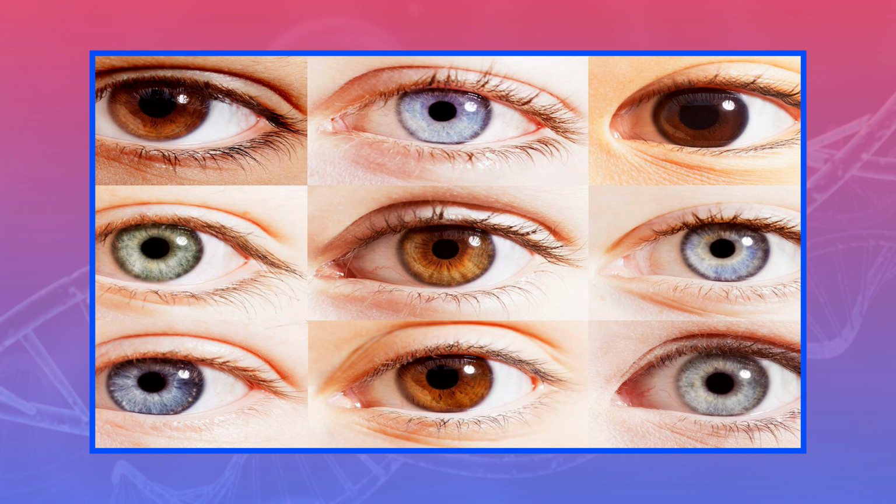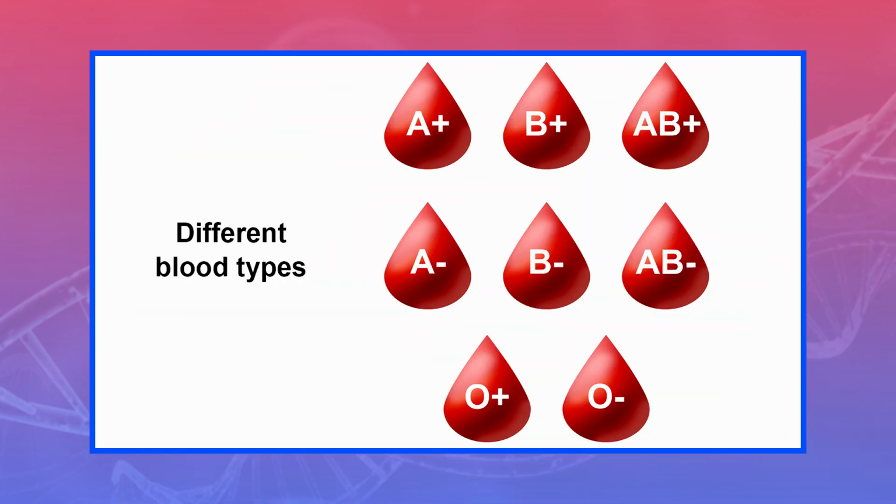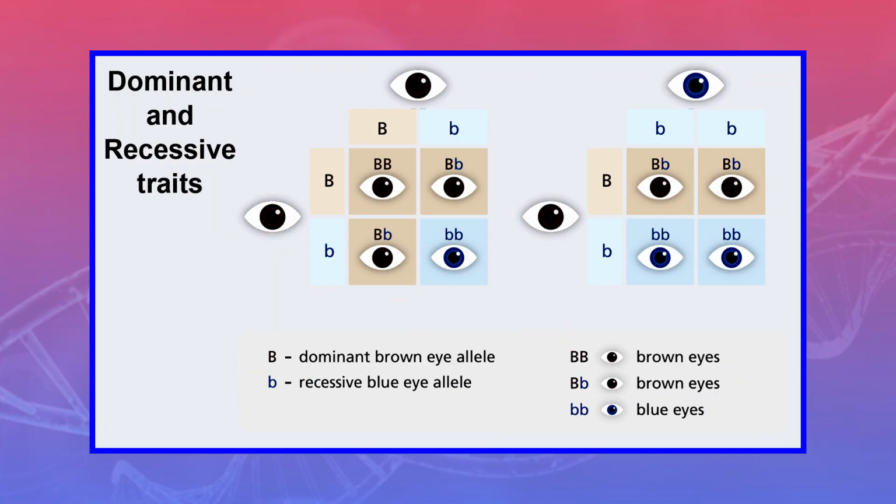Genes determine different aspects of appearance like hair and eye color, as well as biological factors such as the blood type. These genes fall into 2 categories, dominant and recessive. If one of the genes in the pair is dominant, then the result is the trait of the dominant gene.